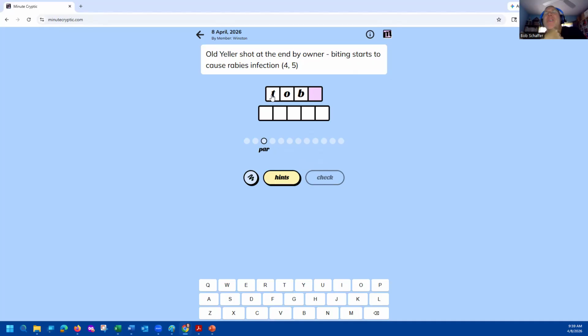Not seeing where this goes. Let's work backwards. Starts to cause rabies. Actually, I like shot at the end being by owner biting starts. So OB. I don't mind OB being there.